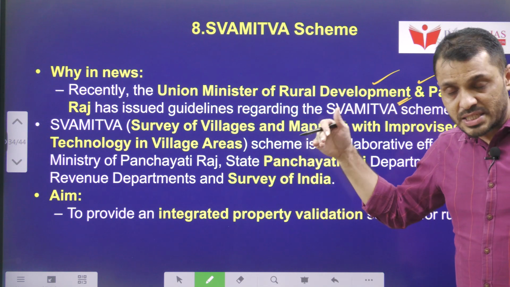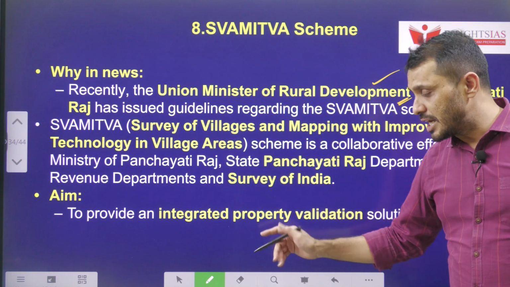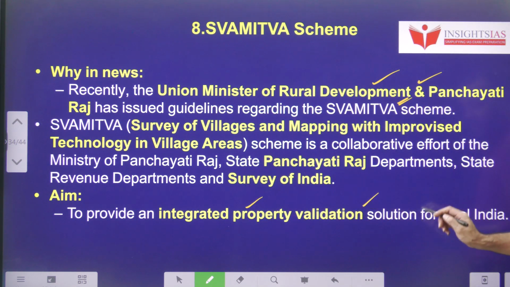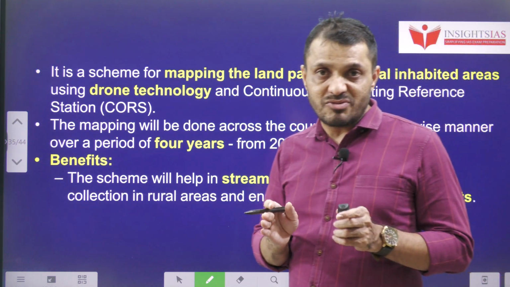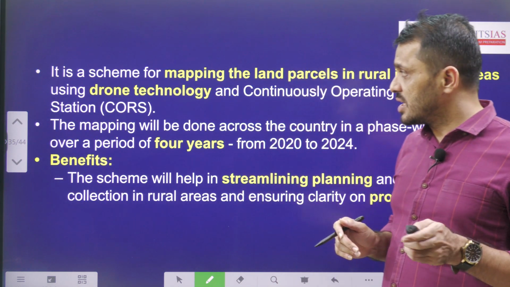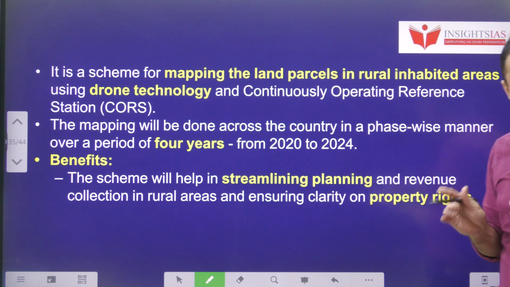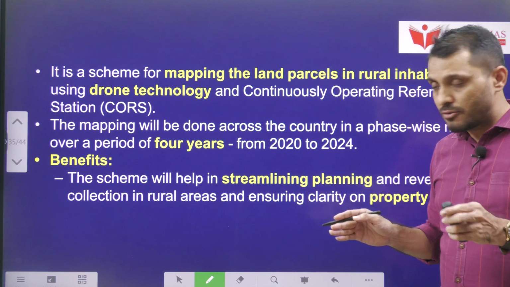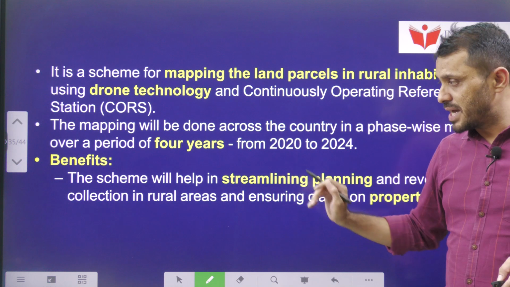These are the stakeholders in this initiative. Through this initiative, they are going to provide an integrated property validation solution. That means in rural areas, all the property boundaries will be identified by this digital mapping. They are going to use drone technology, and this is going to operate between 2020 to 2024, that means a span of 4 years.